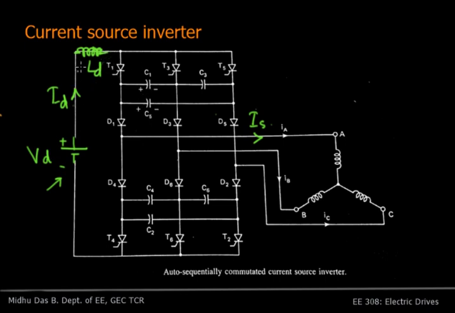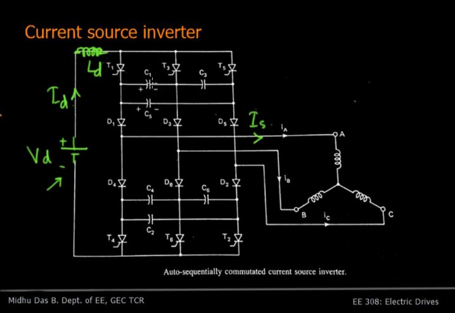So when the current is flowing like this, a constant DC current is flowing. If you want to commutate this thyristor, to turn off thyristor T1, these capacitors are used. Capacitor C1 is initially charged with this polarity.